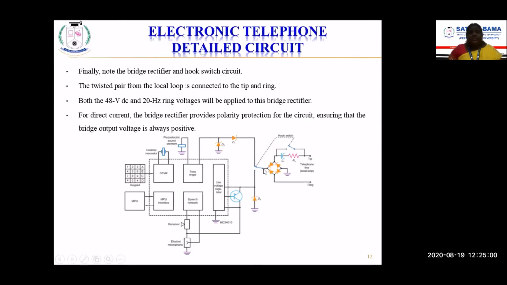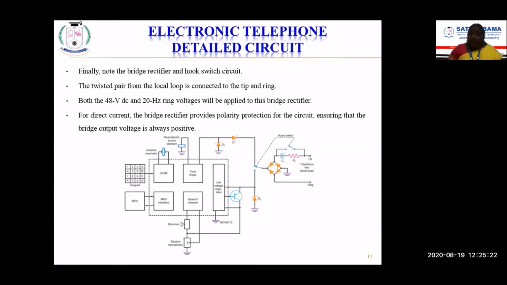Now let us see finally the bridge network. What is the functionality of this bridge network? The other circuits of this electronic standard telephone are connected to the bridge network via the hook switch. The twisted pair from the local loop is connected to the tip and ring of the wire.